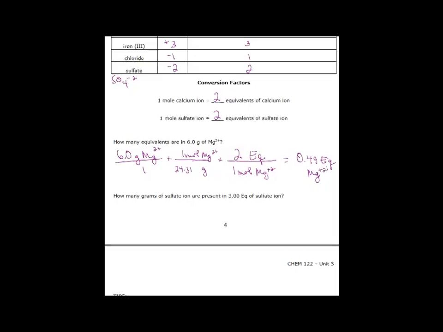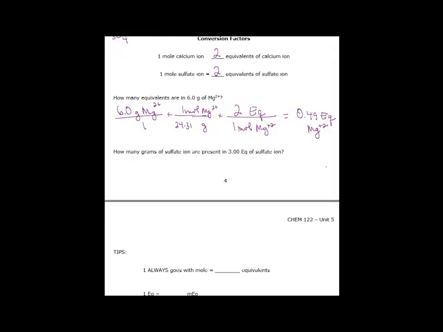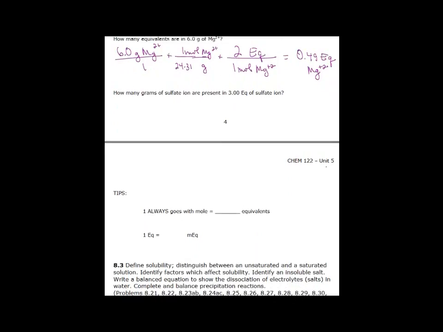All right, so another question. How many grams of sulfate ion are present in 3 equivalents of sulfate ion? So my starting quantity is 3.00 equivalents. I go from equivalents to moles to grams. That's kind of my conversion roadmap. So 1 and mole always go together.